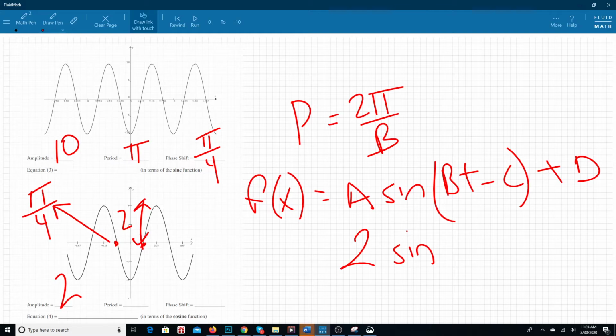So that's the phase shift, right? This phase shifted to the right, so it's minus pi over 4.